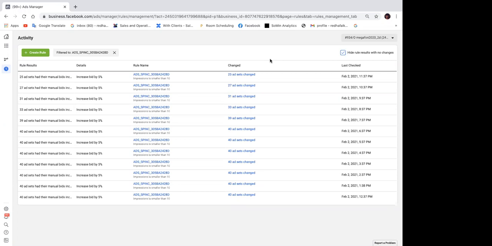The bid cap for the other 15 ad sets had increased by 5%? Did it? I saw 25 ad sets increased their bid cap by 5%, and my question is why the other 15 didn't.